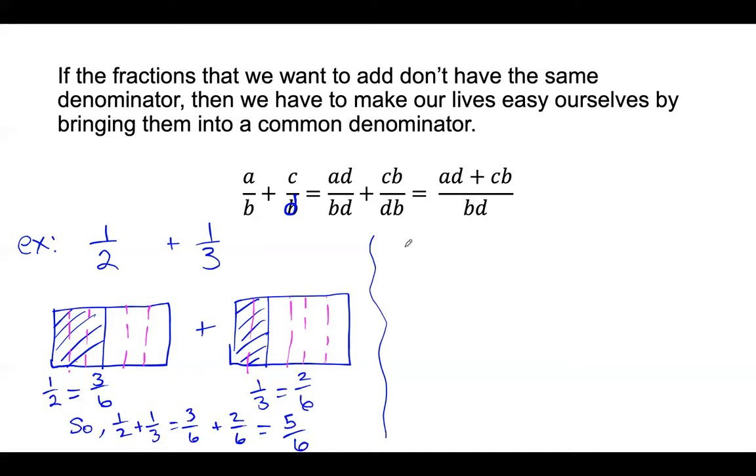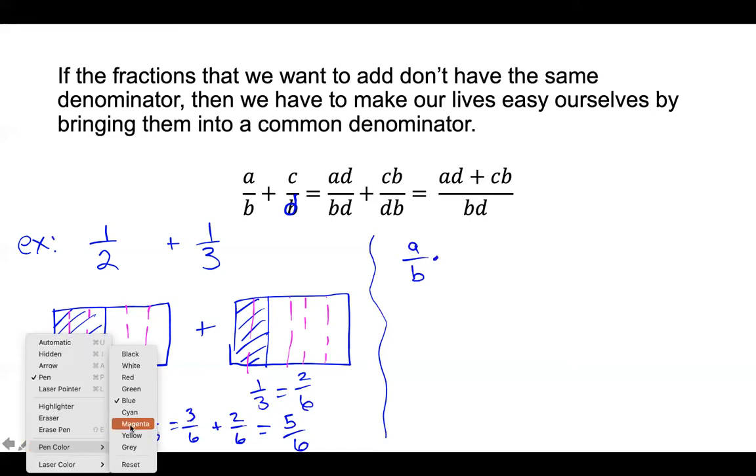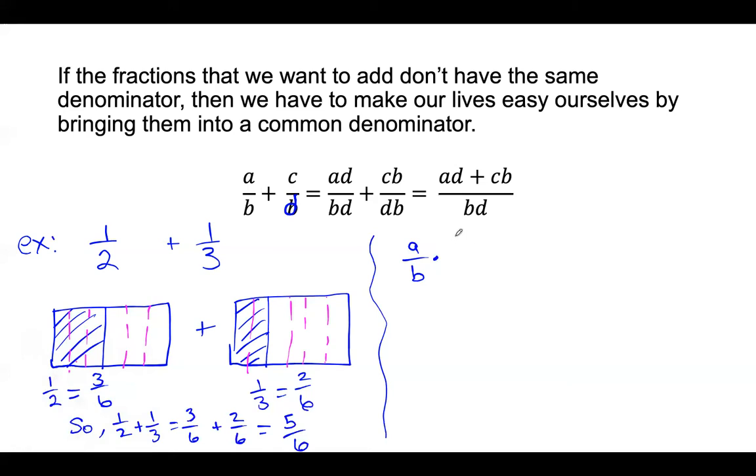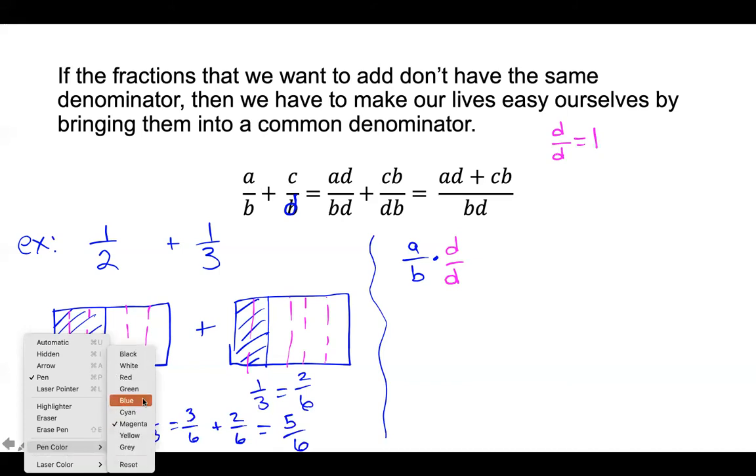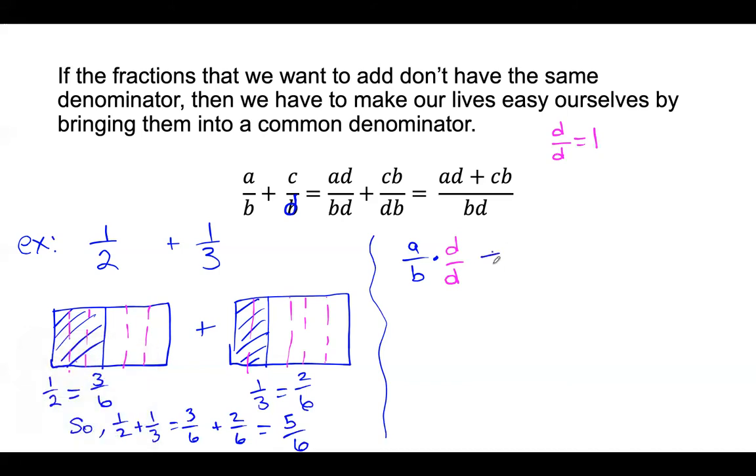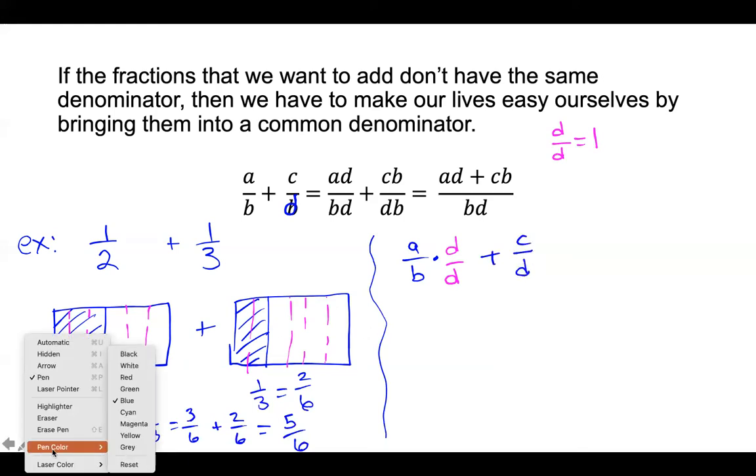Now, why does this work? Let's examine it. So a over b is the same as multiplying by d over d, because d over d is equal to 1. Plus, now we're multiplying c over d. We want to multiply it by a number.